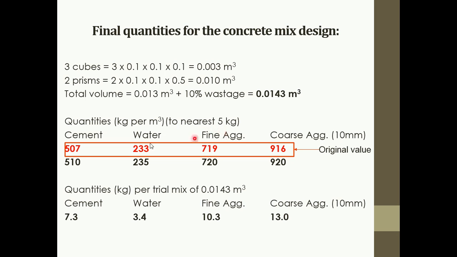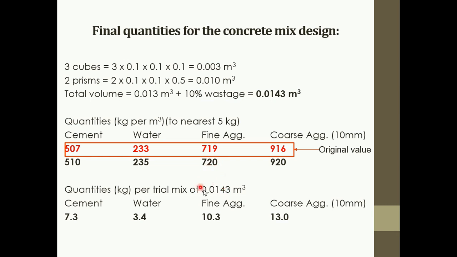So here the cement is 510, and then water is equal to 235. Your fine aggregate is 720, and your coarse aggregate is 920. For quantities in kilograms for each trial mix, for volume equals 0.0143 meter cube, the values here, the black ones, you have to multiply with the volume.